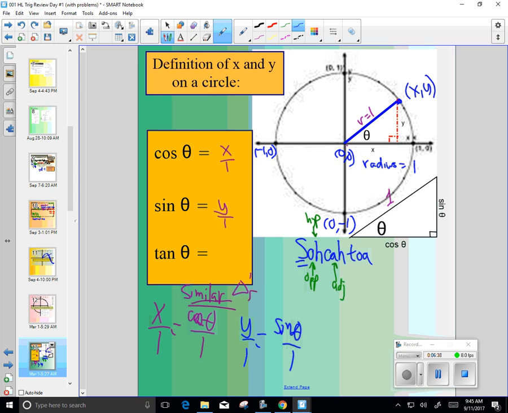By the way, we don't say just sine, we say sine of theta. It's like saying squared. It doesn't make sense. x squared, y squared, 4 squared. You want to say the function of that angle. Okay, well there you go.